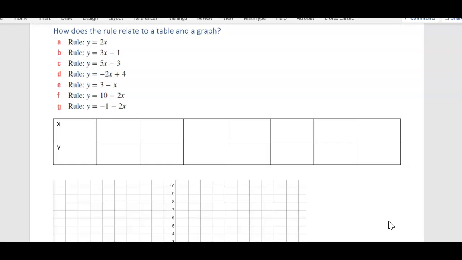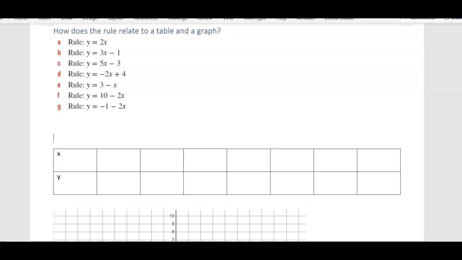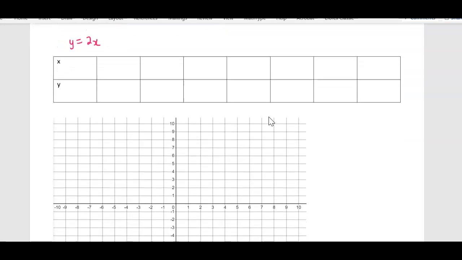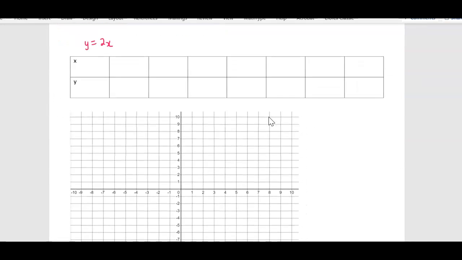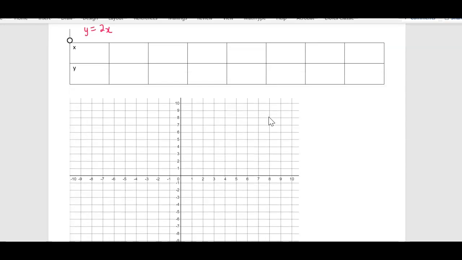All right, let's start with our first one. I might just put a line in between, so I've got a bit of space. All right, so the first one is y equals 2x. Now, when we're doing a table of values, you can put in whatever you like.